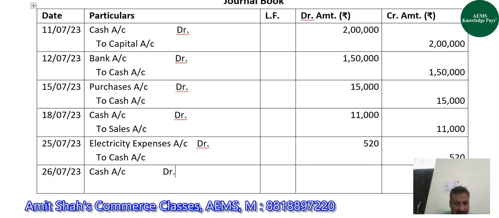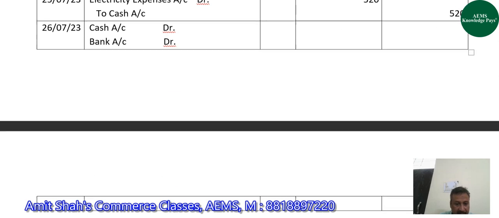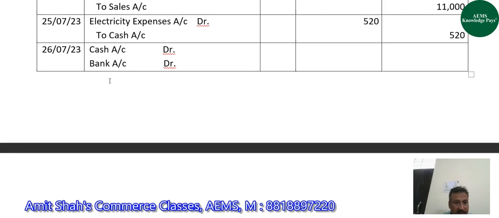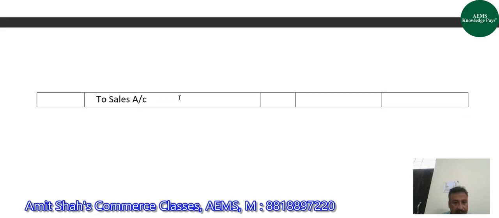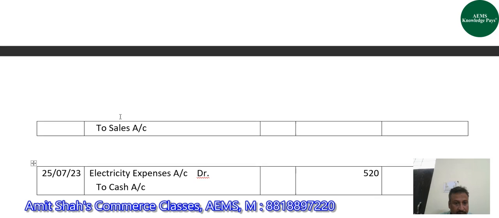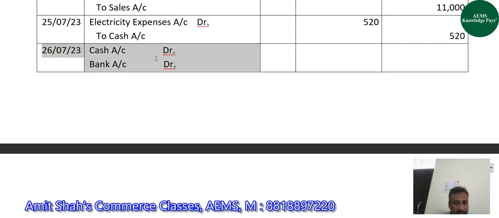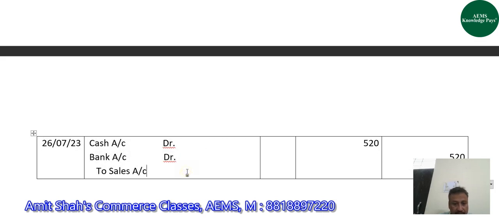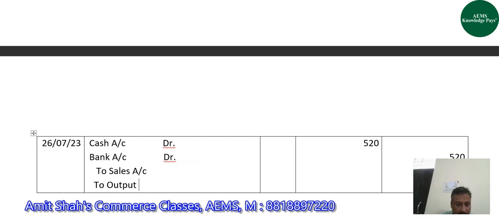So cash account debit, bank account debit to sales account to output IGST account.